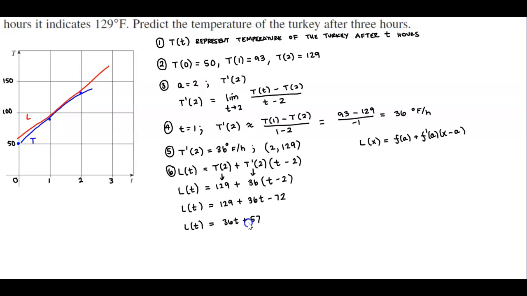And so now we want to predict the temperature of the turkey after 3 hours. So that means that for part 7, when t is equal to 3, we're going to plug it into the function. So L of 3 is going to equal 36 times 3 plus 57. We know that 36 times 3 gives us 108. And then if we add 57, we get 165.